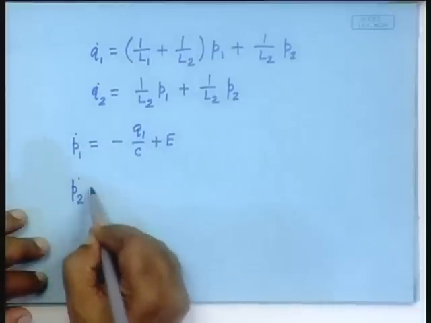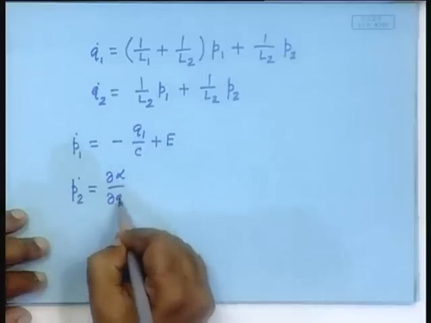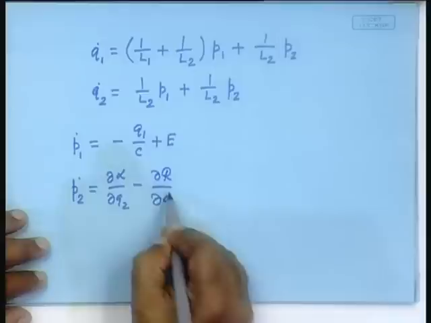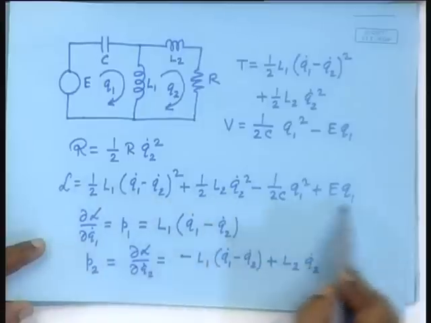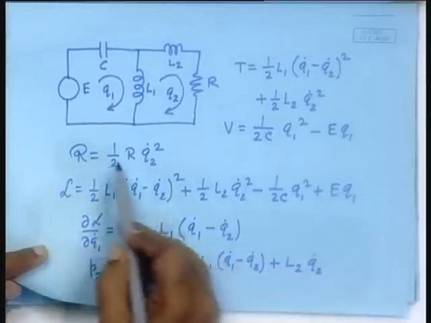P2 dot is the derivative of the Lagrangian with respect to q2 minus the derivative of the Rayleigh term with respect to q2 dot. q2 is not there, so this term's derivative goes to 0 and this term's derivative remains.